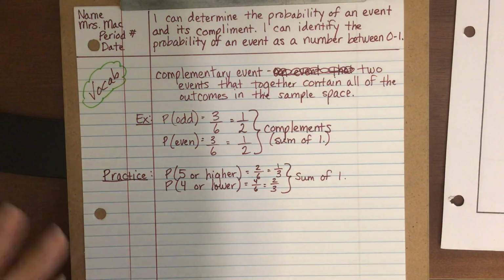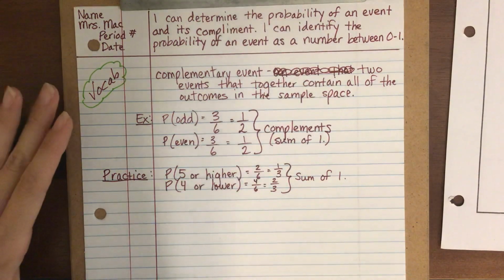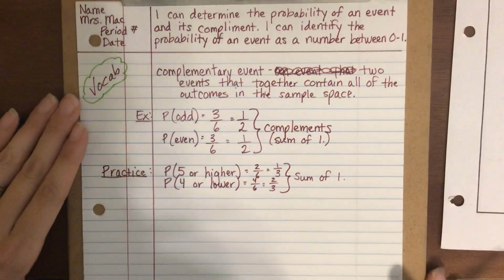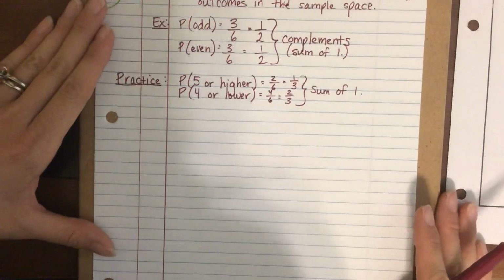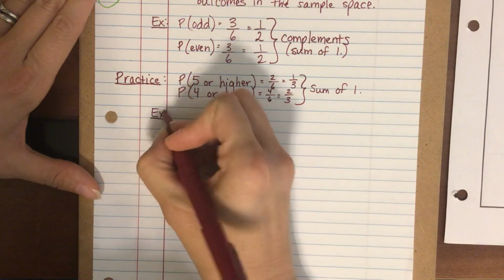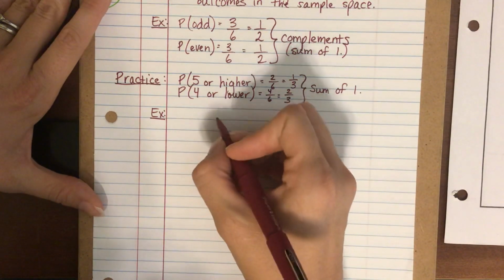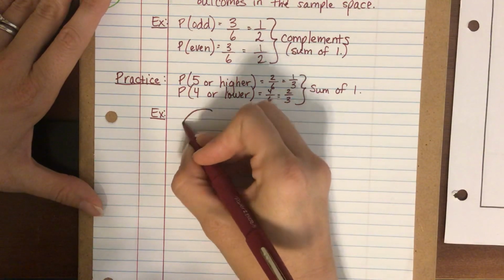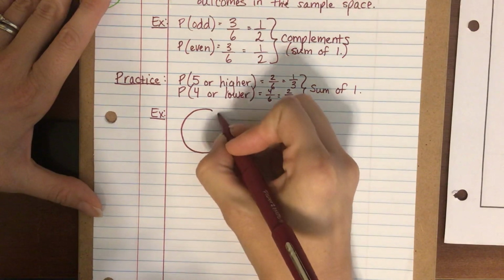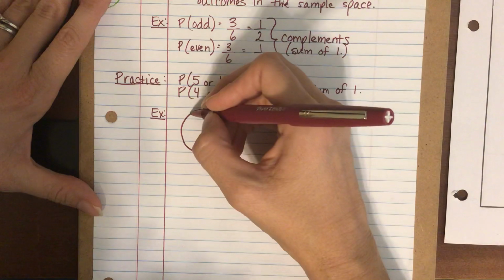Now, let's take a look at another example so you can see another way that complementary events can work. I'm going to scoot this up a little bit. Okay, so I'm going to try to freehand a spinner circle here that has, let's do 6 equal parts.